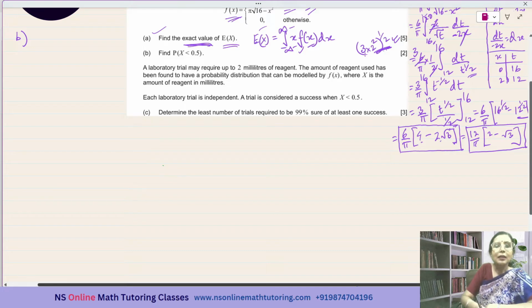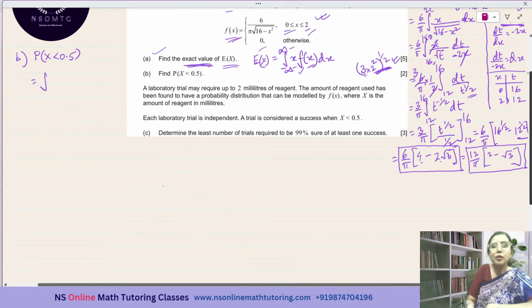Okay, let me solve the subpart B over here. P of x less than 0.5 should be equal to, again, the x values are between 0 and 2. So the limits will be from 0 to 0.5. Because it is a continuous variable, the less than or less than equal to, they don't have any difference.